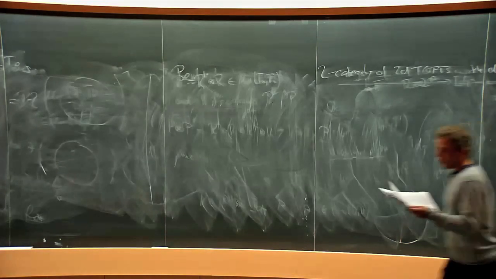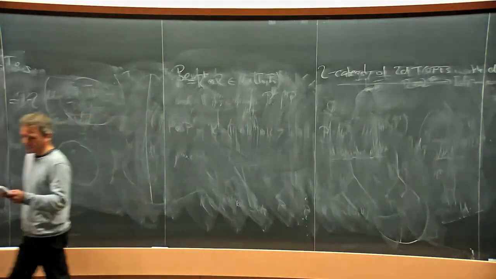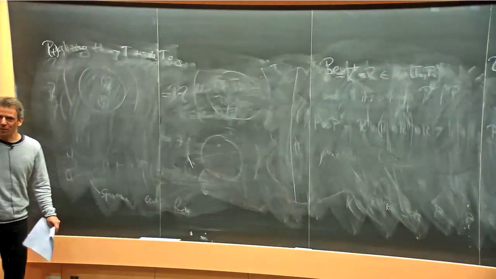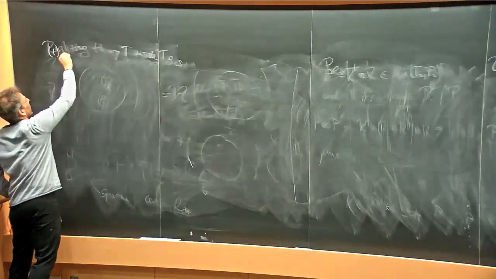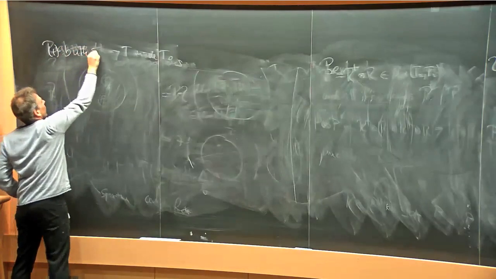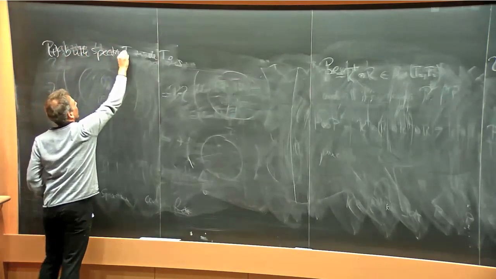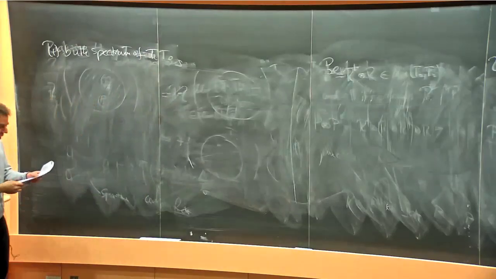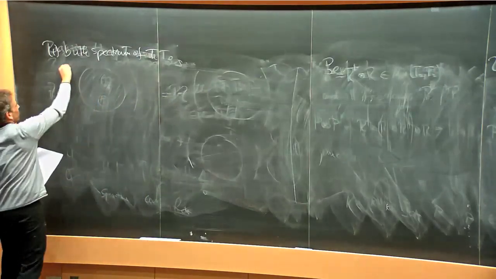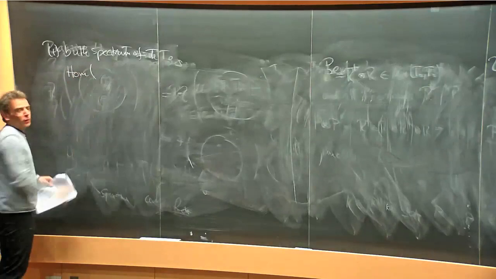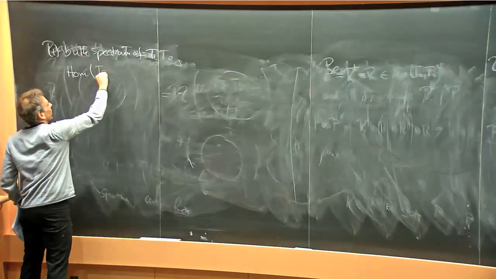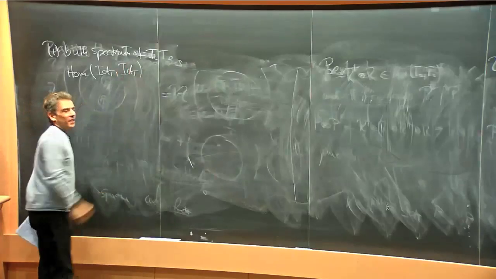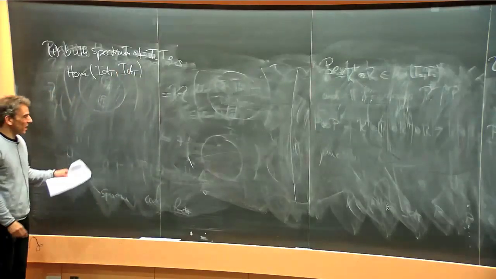So all information can be reconstructed from P. For instance, one important thing about this theory is the bulk spectrum of theory T. How can I get this? Well, the bulk spectrum of your theory T is nothing but the homomorphisms of the identity defect in T to itself.